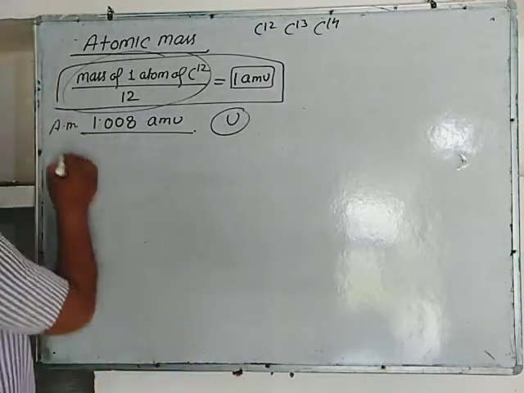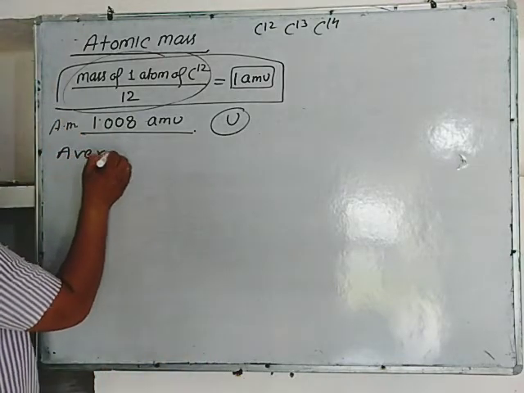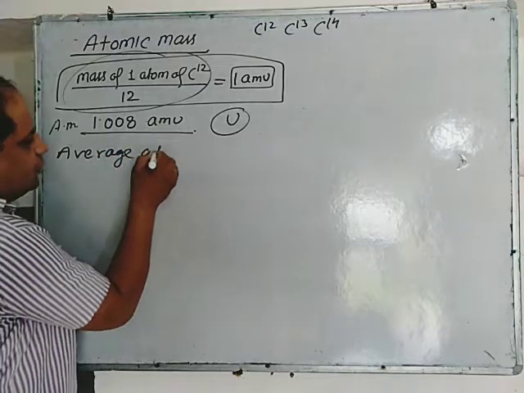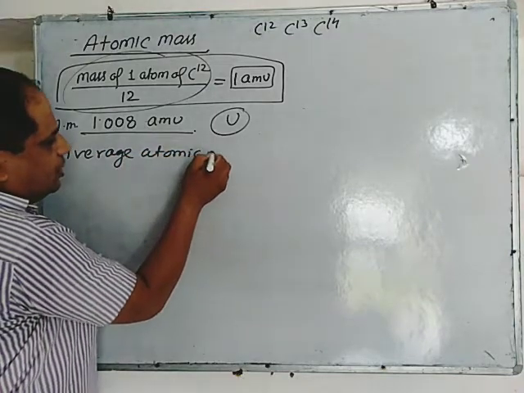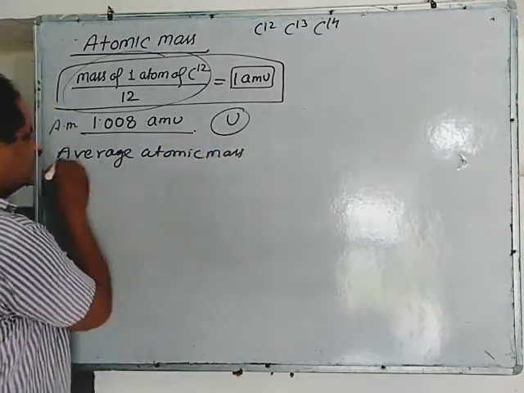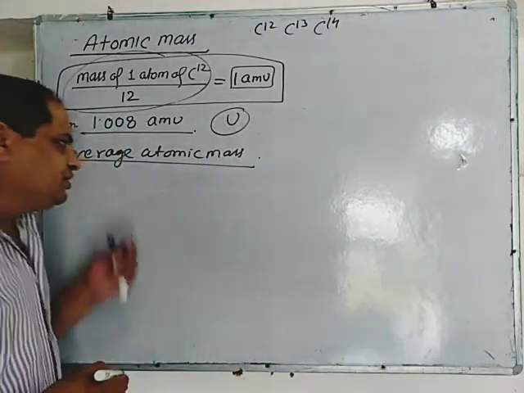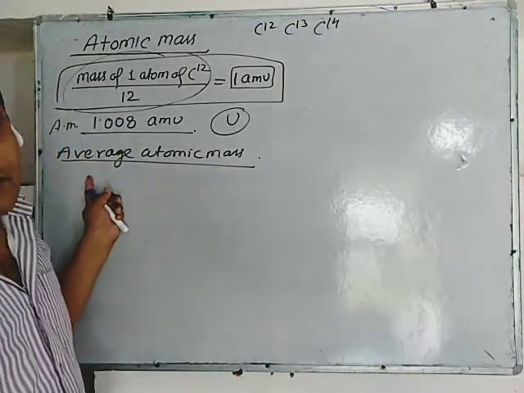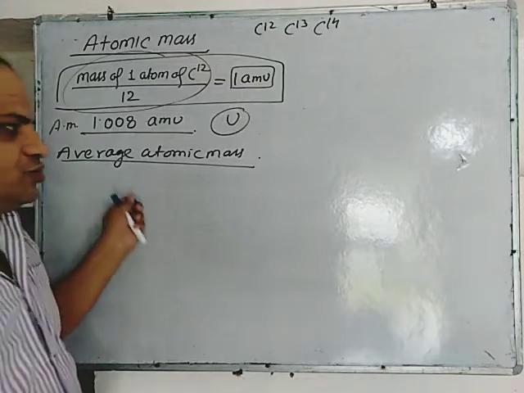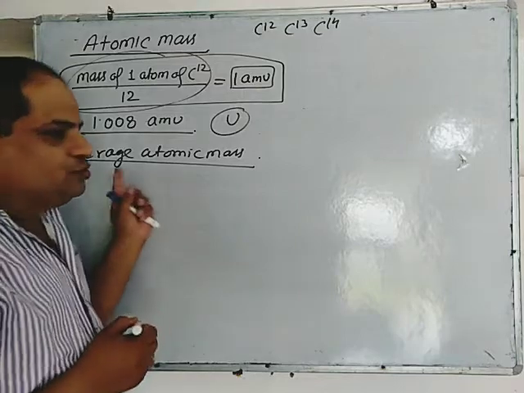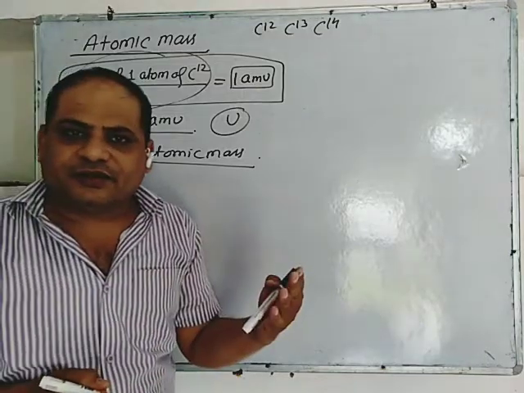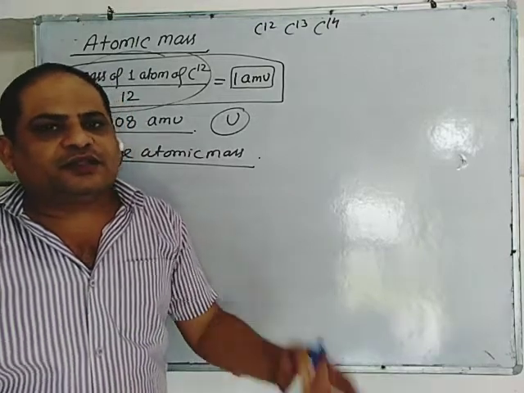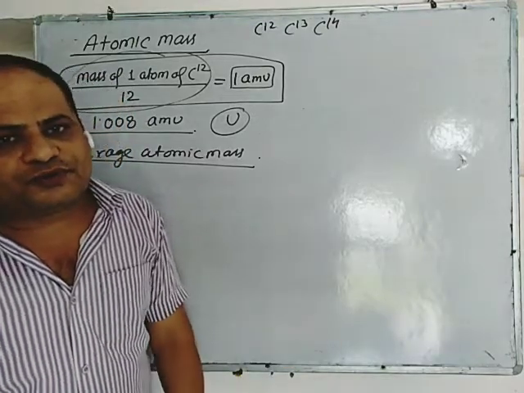Now we will study about average atomic mass. Why is this term average atomic mass used? Actually, this is used for the elements which exist in the form of isotopes.